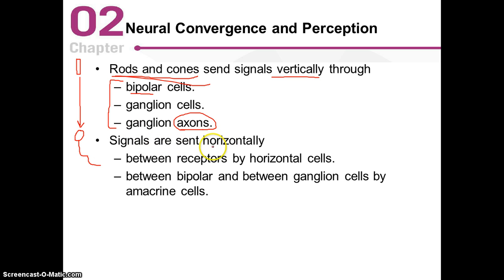Signals are also sent horizontally as well, so between receptors. If there's another receptor over here, and then another one over here as well, signals can actually be sent not just in the vertical direction, but also in the horizontal direction.